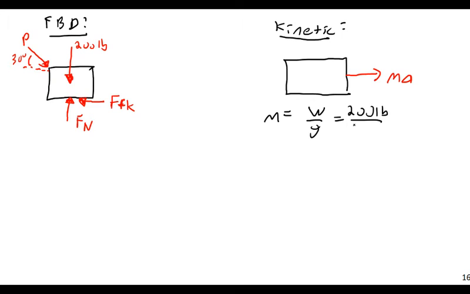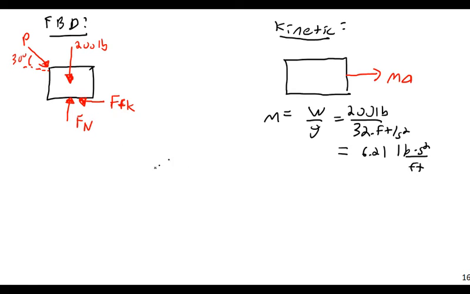Good, 32.2 feet per second squared. And that will come to 6.21 pounds second squared per foot. Isn't that a lovely unit? Could just use the metric system, but no.